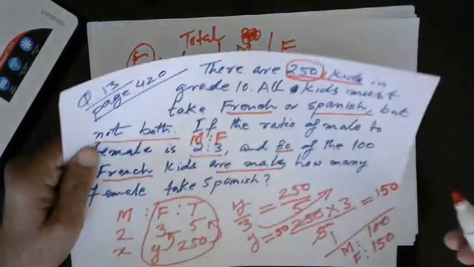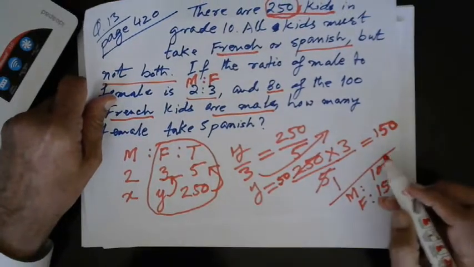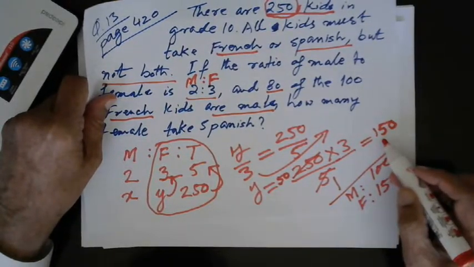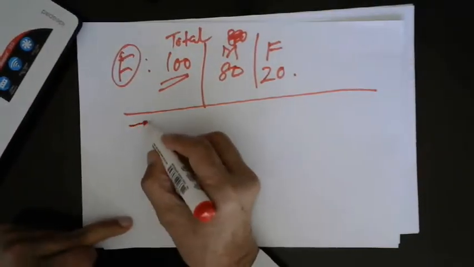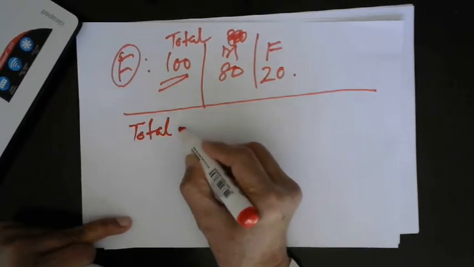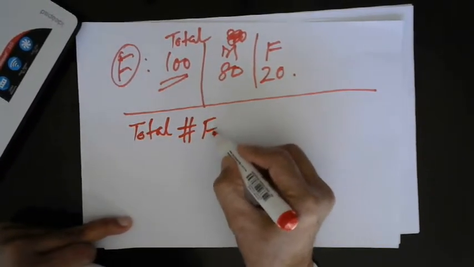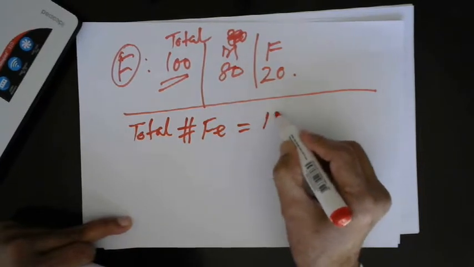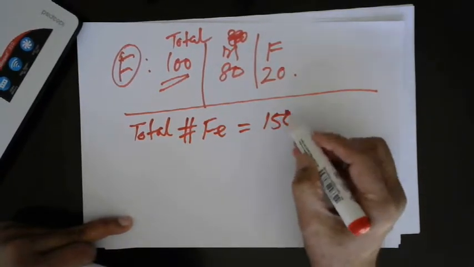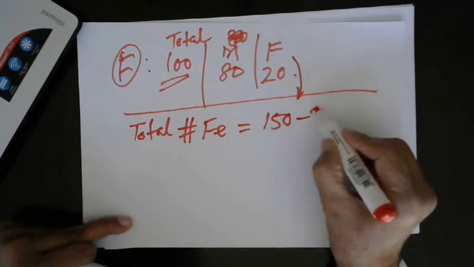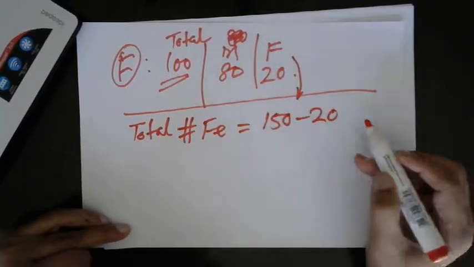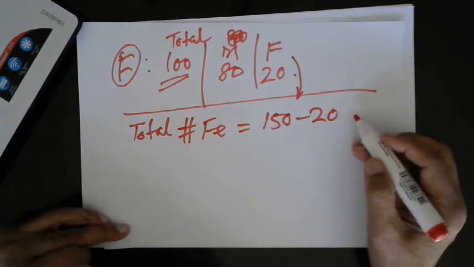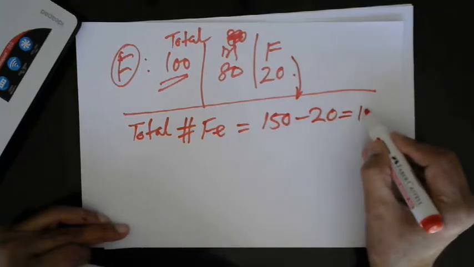Now, in total, the number of females is 150. Out of these 150, 20 females are taking French. So how many females are left? 130.